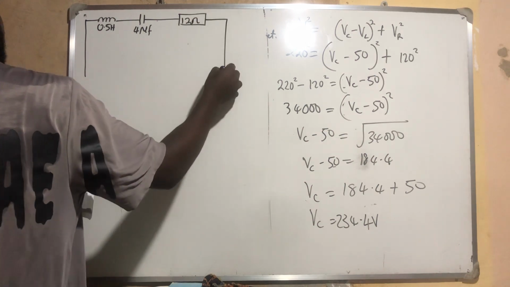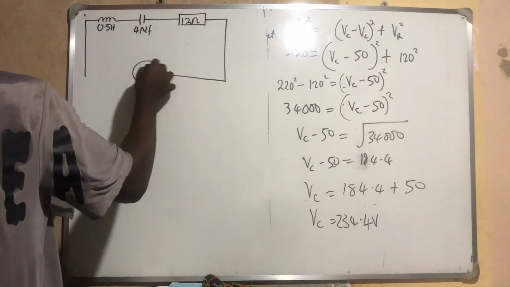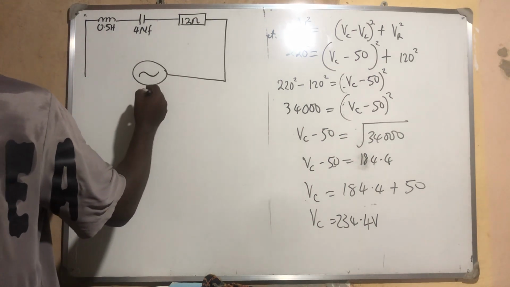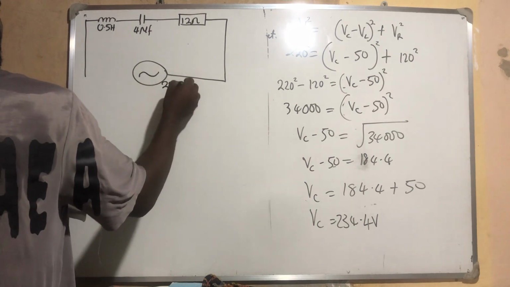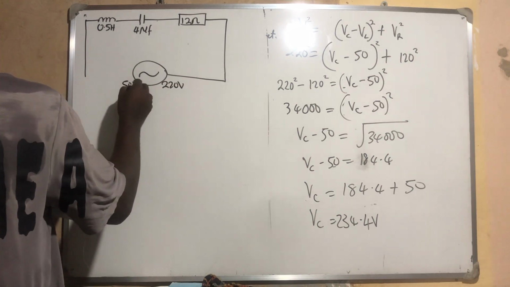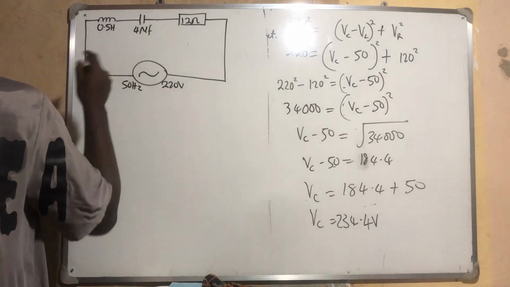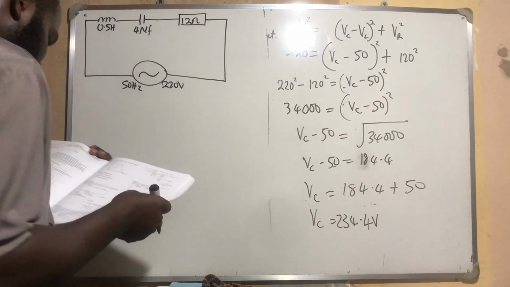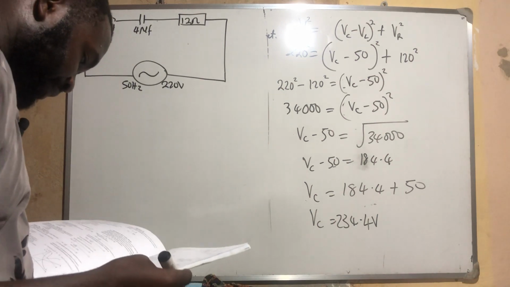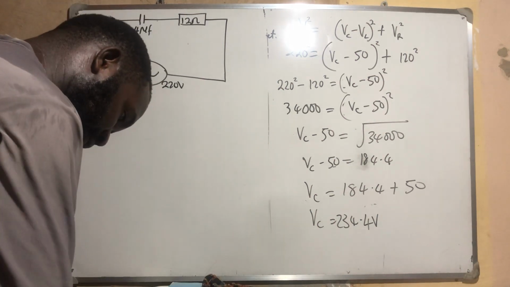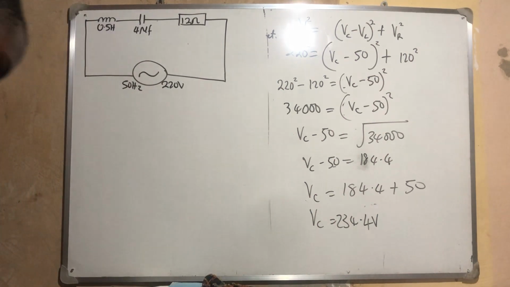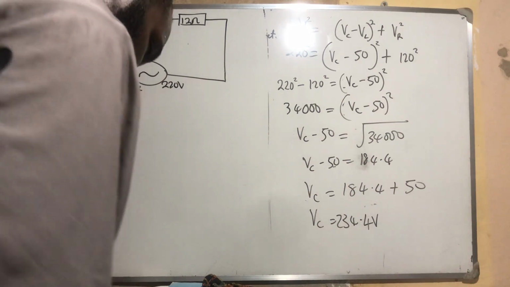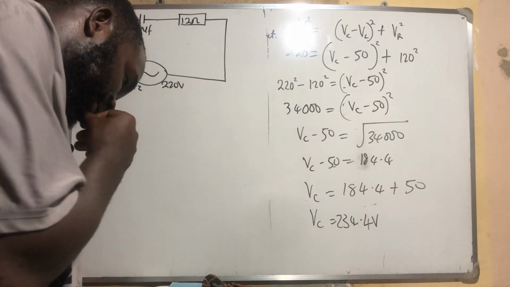Moving like this, I now have another one that is a circle, that I called 220 volts and 50 hertz. Okay. So they now said calculate the what? The resonance frequency. Calculate the resonance frequency.